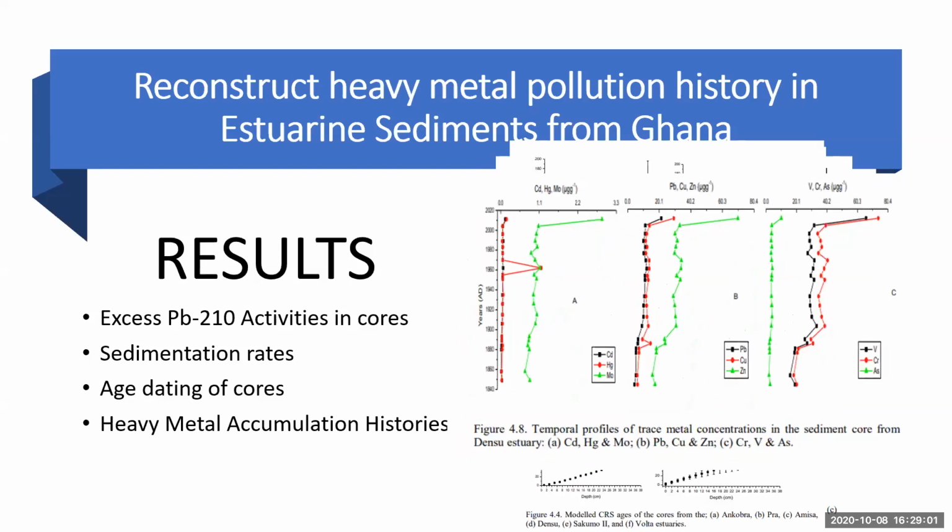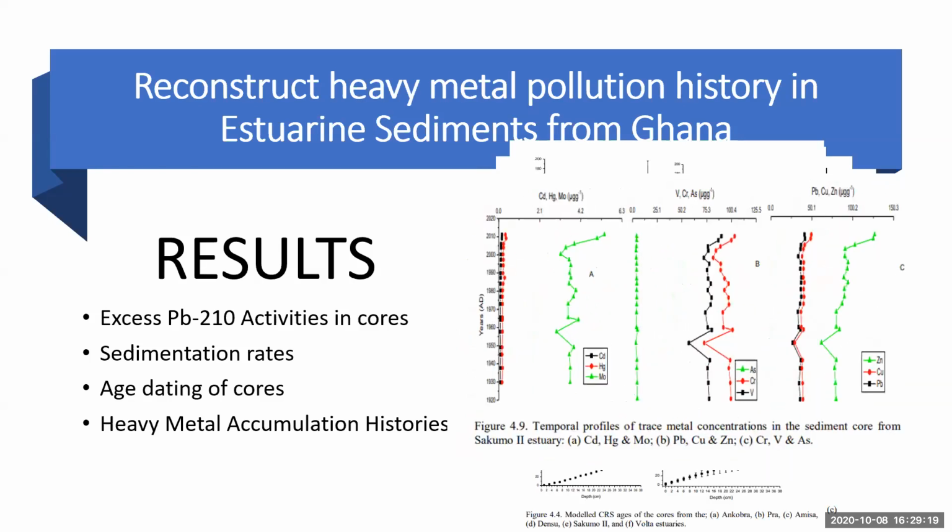And then as we move our way further, we see a decrease in these elements. However, we saw that other elements like lead and cadmium, their levels were going up. And this is because these areas actually fall within the industrial zone of Ghana. And mostly the industries that we have in this area, some of them are smelting industries that release a lot of byproducts into the environment.